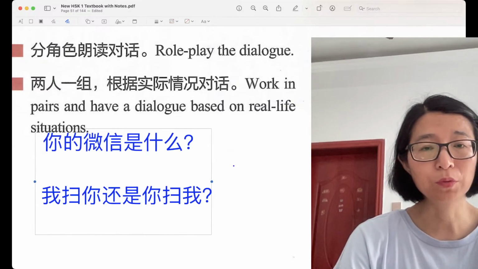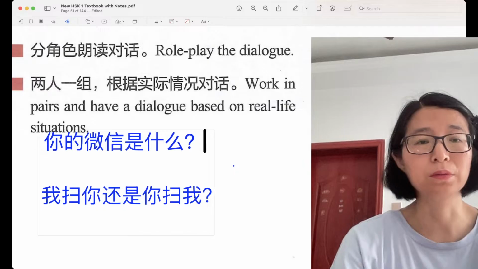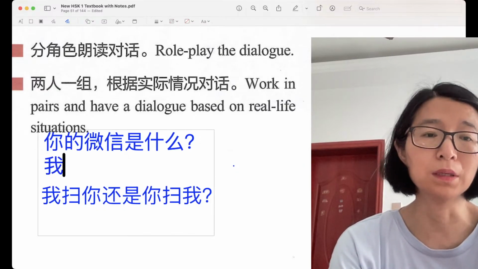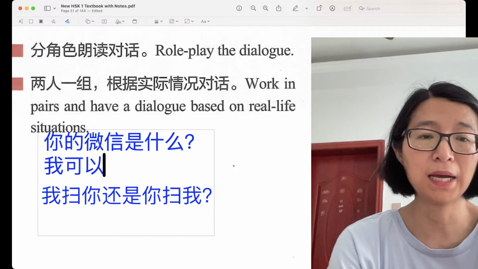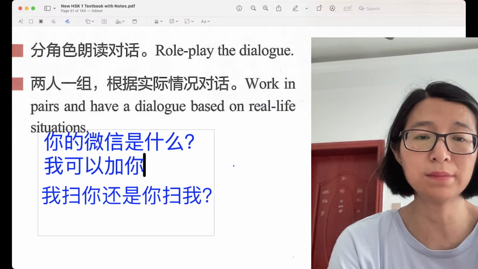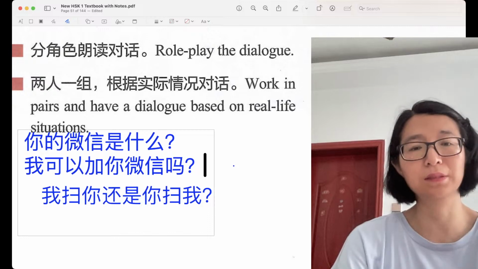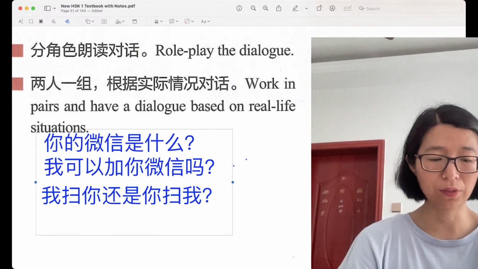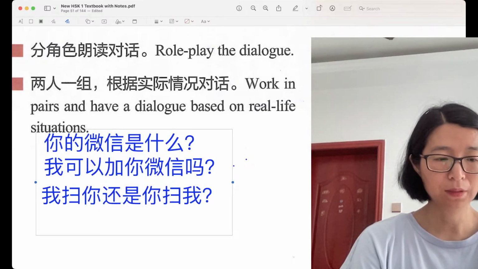There's one more sentence. You can say, 哦，我可以加你微信吗？ If you want to ask for other people's WeChat, you can always ask. So how to ask?